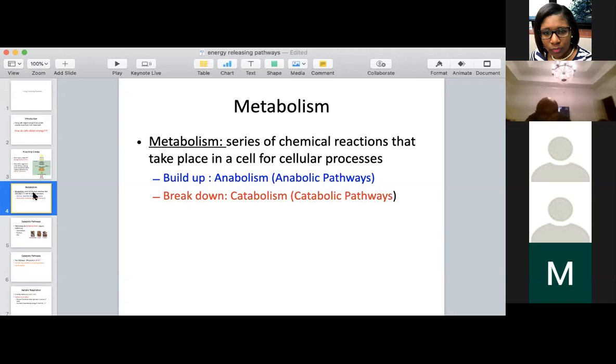And so what we're looking at with cellular respiration, this is a catabolic pathway, because we're talking about how we take those glucose molecules in those carbohydrates that we consume, and how do we break those glucose molecules down in order to have an output of energy. That is a catabolic pathway today. So make a note of that. If I asked you to identify this process of cellular respiration as catabolic or anabolic, you should tell me that it's catabolic, because we're breaking this glucose molecule down in order to harness the energy within.